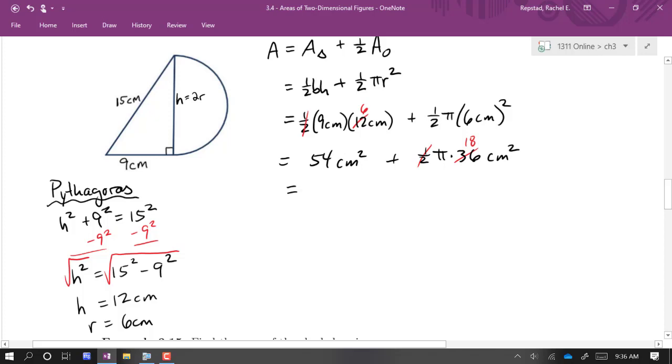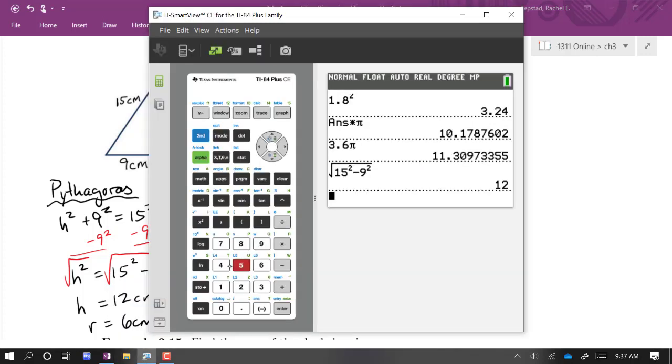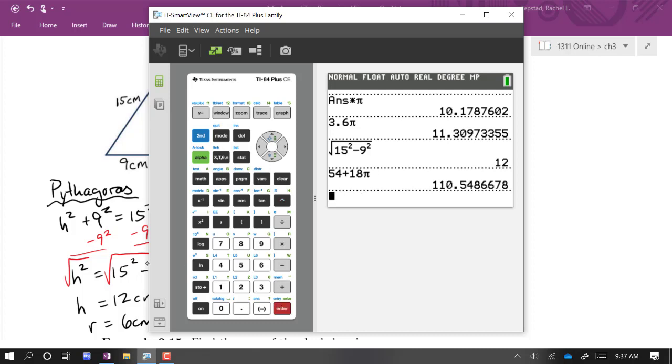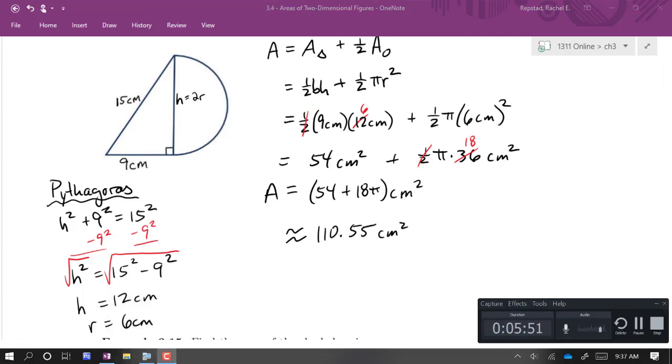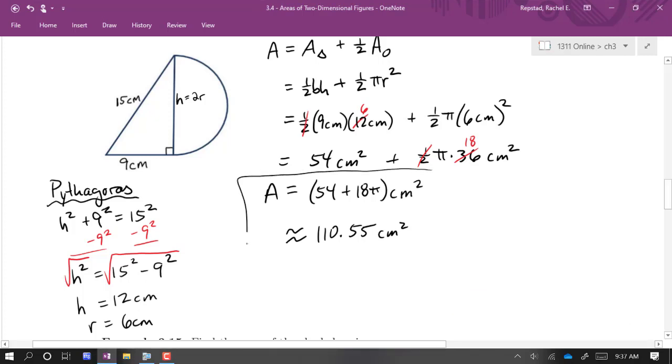So what we have is 54 plus 18 pi square centimeters. There it is as an exact value, and then we can approximate. That's about 110.55. And there's the area of our figure.